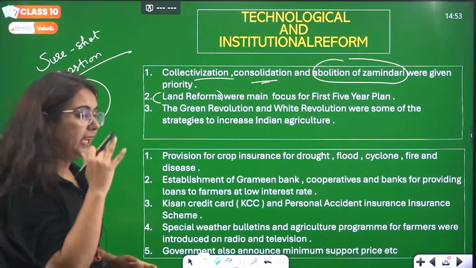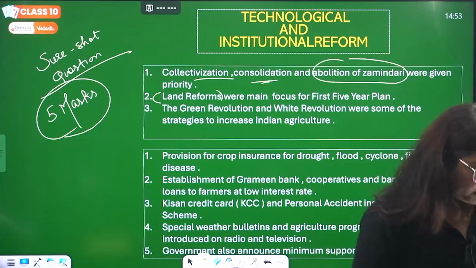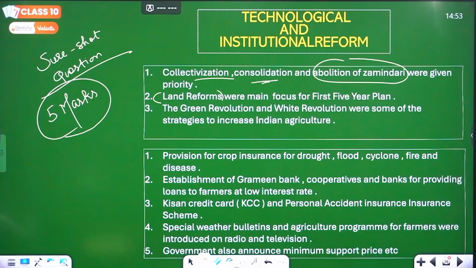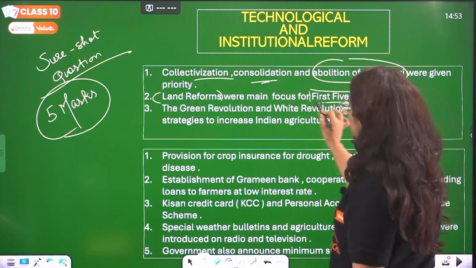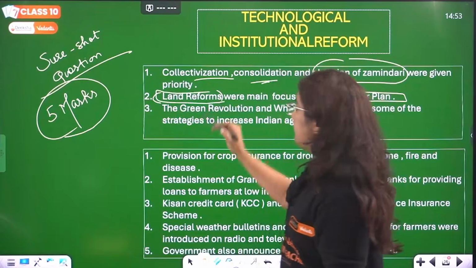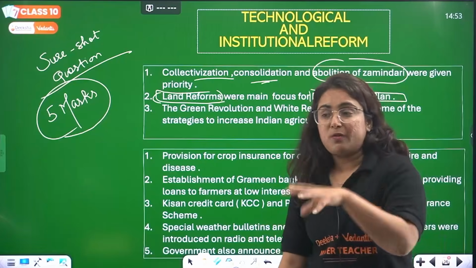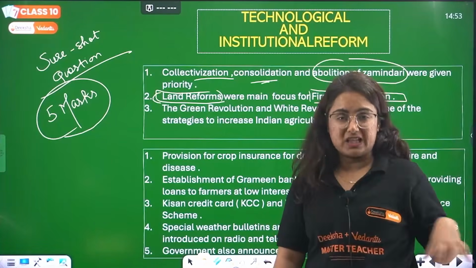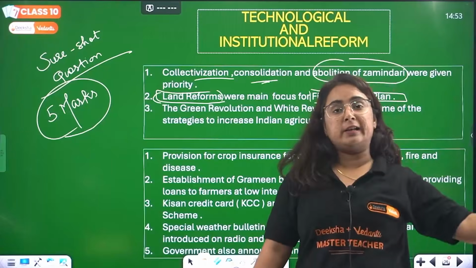So for every 5 years, for the development of the Indian economy, 5-year plans were made for India. You know that in the first 5-year plan, there was one target to bring land reforms, which includes providing land to the farmers, the poor people, from whom the land was taken and consolidated in the hands of zamindars.